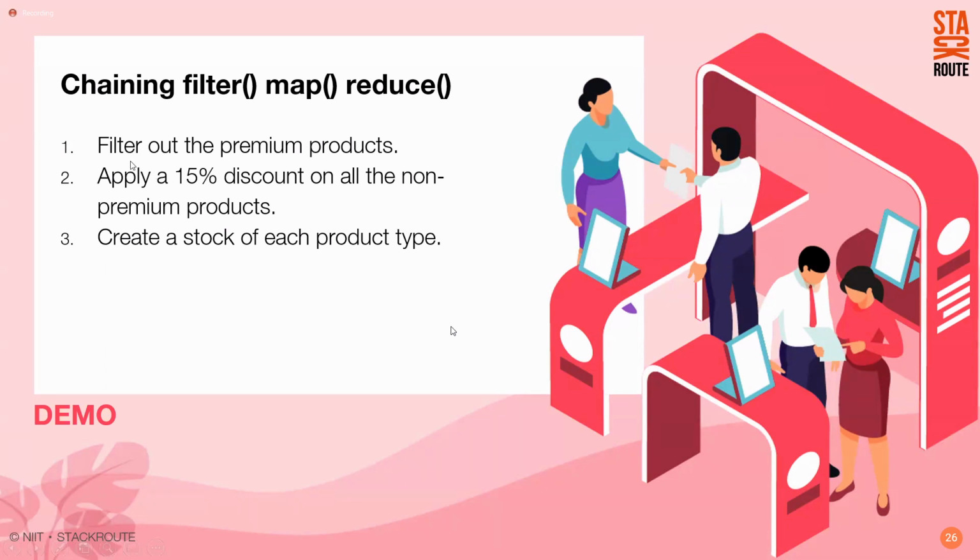Continuing the same example, I am finding the premium products, applying a discount, and finding the total stock count of each product. We already did filter and map. Along with that, we'll apply a reduce function. Again, reduce is a kind of aggregate function.